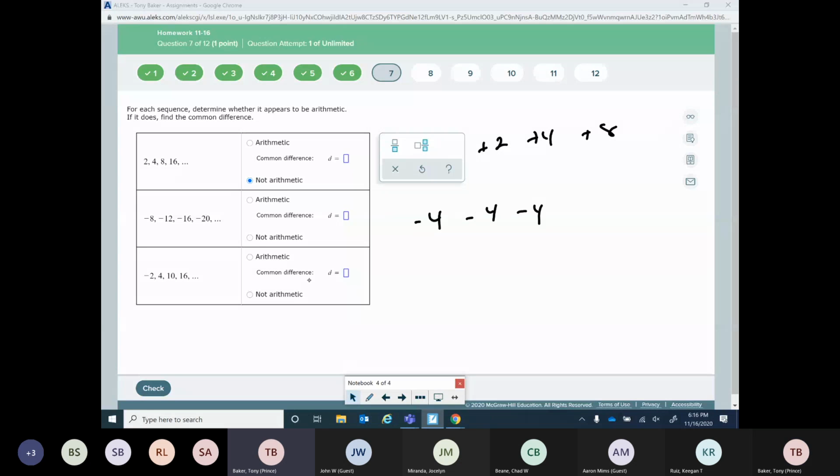So that is arithmetic, and the common difference is -4. The next one, I'm adding 6, adding 6, adding 6. So that is arithmetic, and my difference is 6. The first one would be an example of a geometric series because it's multiplication. It's multiplying by 2 each time.